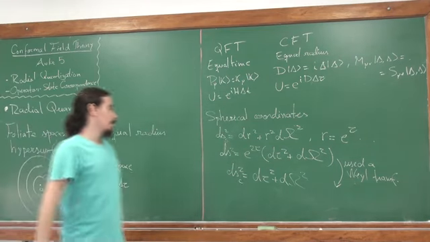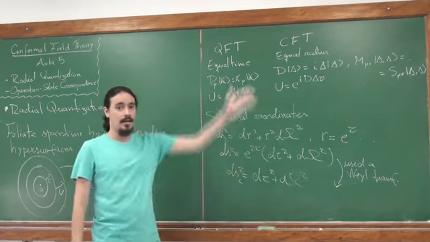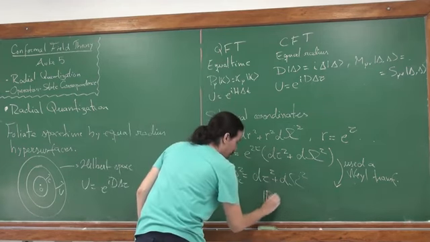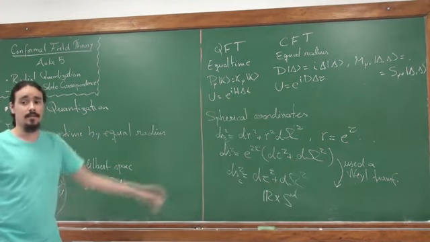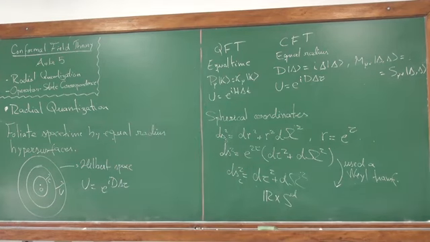We have some angular coordinates here, and then we just have a line, so this is basically R times S. This is just a cylinder. So you can think that cylinders and spheres are equivalent by conformal transformation, as far as conformal transformations go.